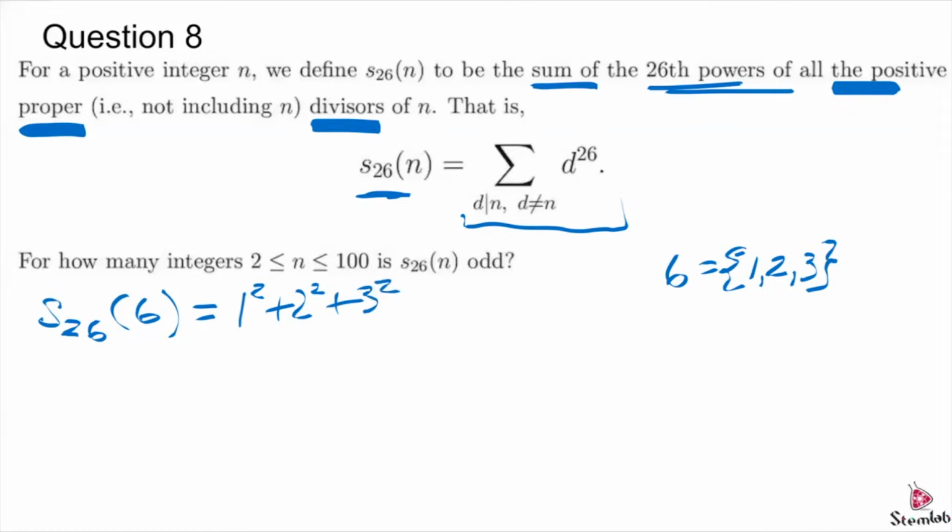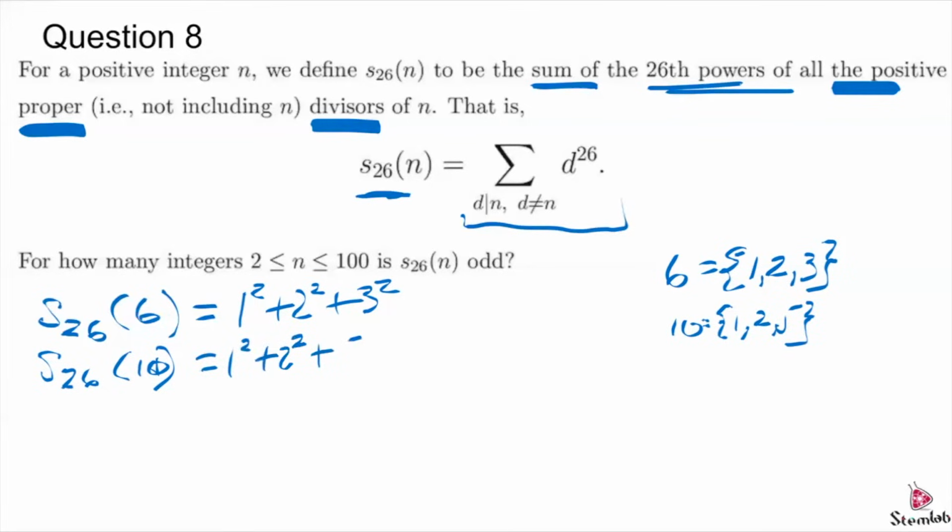Same thing, for example, s sub 26 of 10. 10's proper divisors are 1, 2, and 5. So this will be 1 plus 2 plus 5, but all of them to the 26th power.